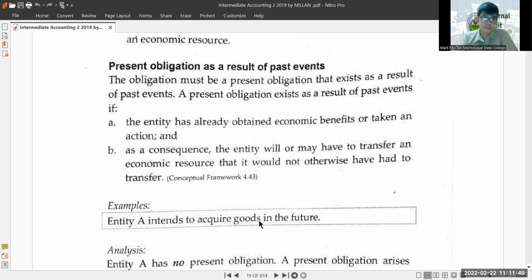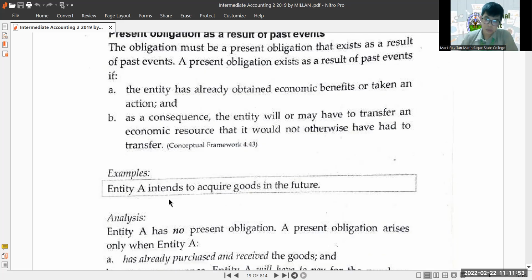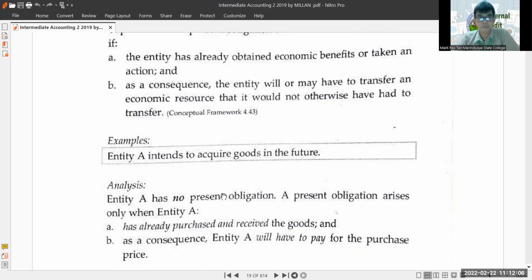Okay? So we have here several examples ng to know if the entity has an obligation. So we have several examples here. I believe there are 7. There are 7 examples. Okay. So, alamin natin kung meron bang obligations in the following examples. Okay, una. First example.